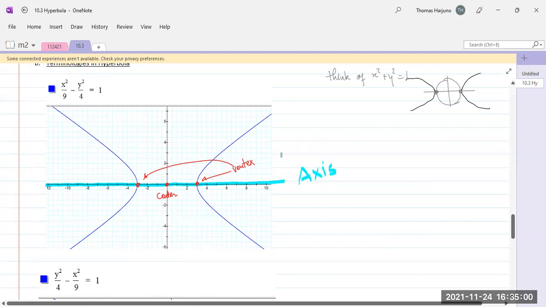To be more precise, this is called the transverse axis. Let me see the correct word. My English is bad. Transverse axis? Let me take a look. Give me a second.